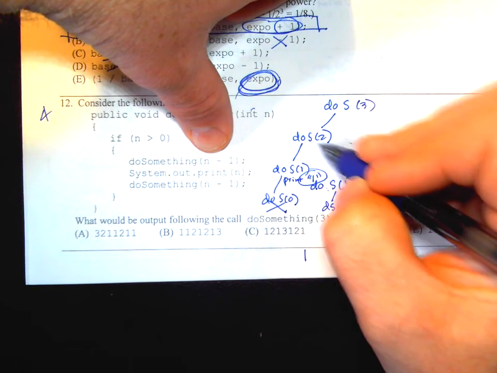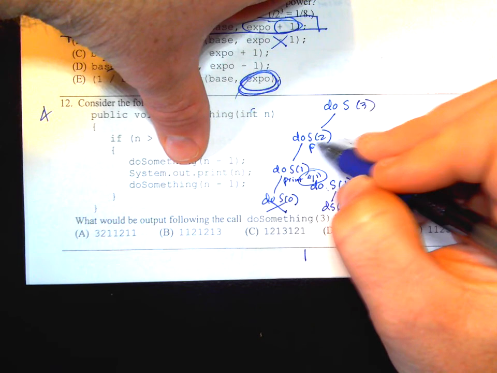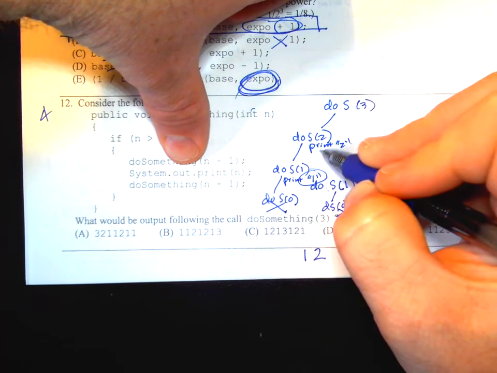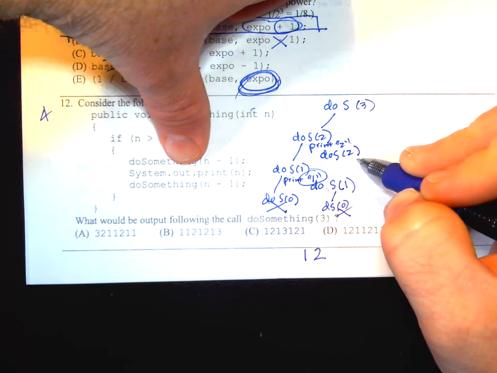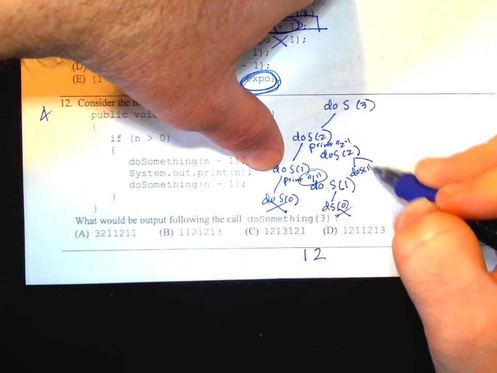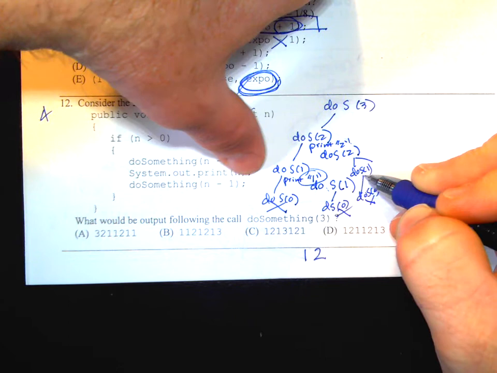So then we come up here and it says, print out the value right here. So we're going to print a 2 out. All right, so we get a 2. But then it calls do something 2. Now do something 2 calls do something 1, which calls do something 0, which terminates, goes up here, prints out the 1.